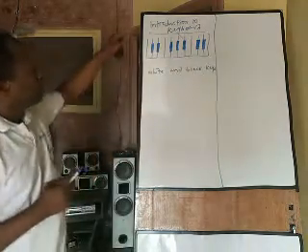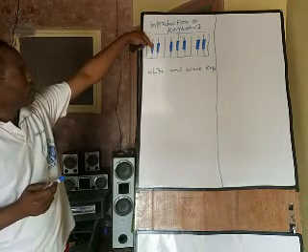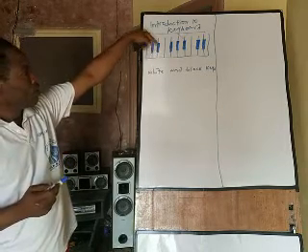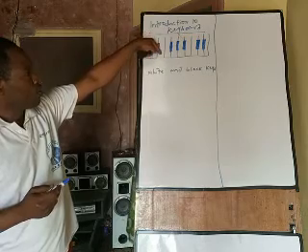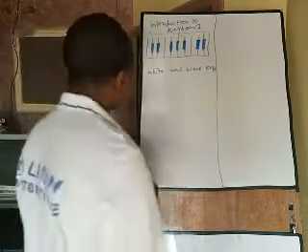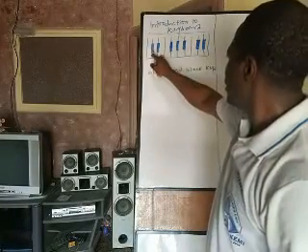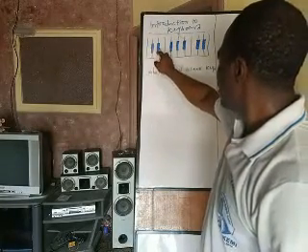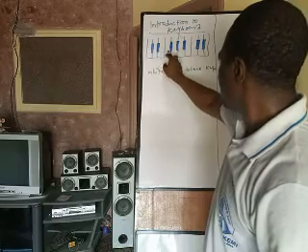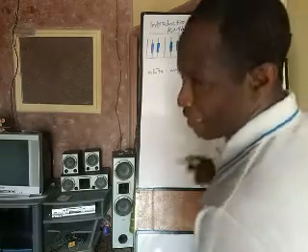Now, if you look at it, this is one white key, this is black, this is one white key, this is black, this is one white key, and it goes on and on like that. So it's arranged in that order.